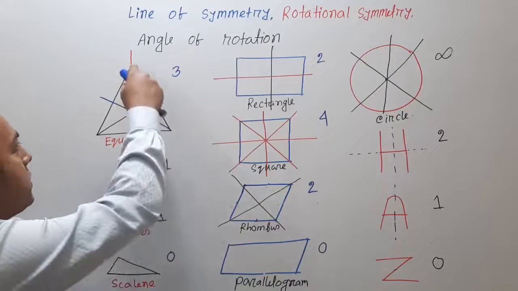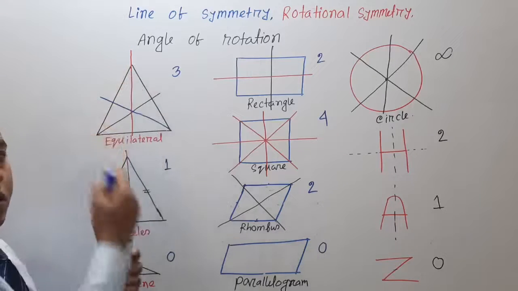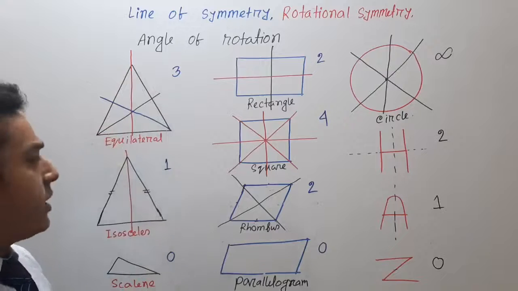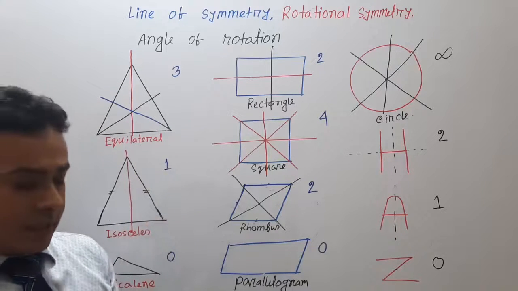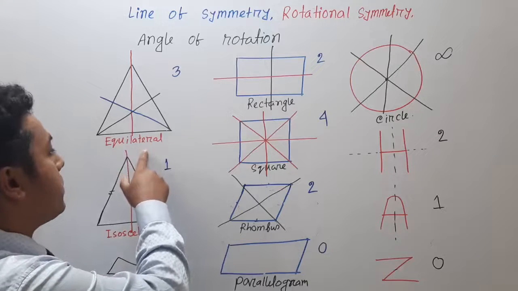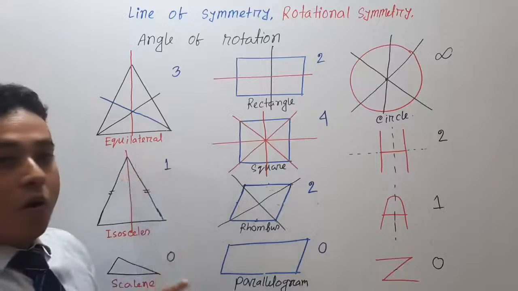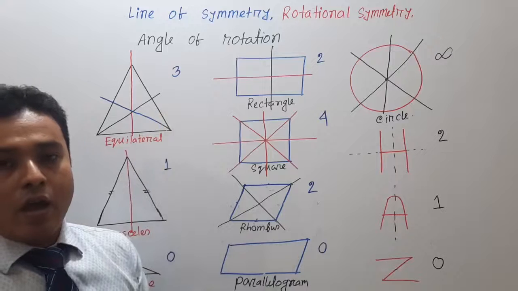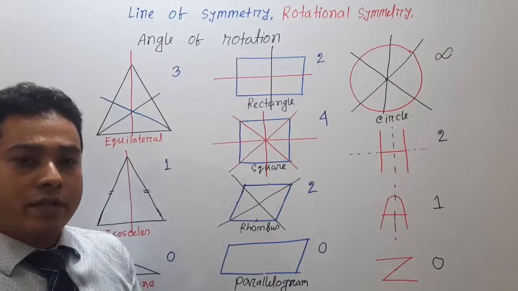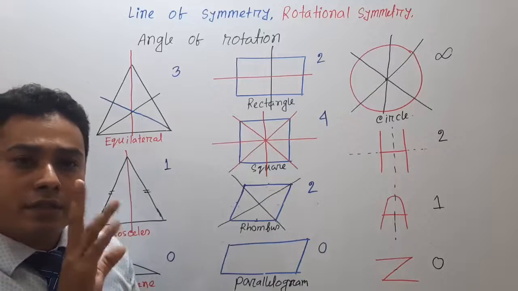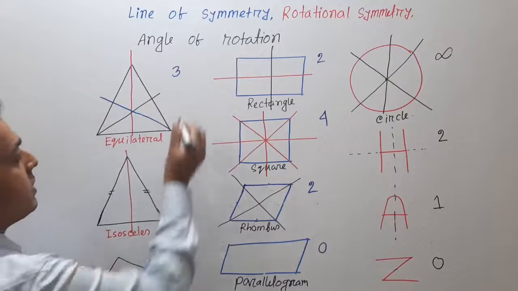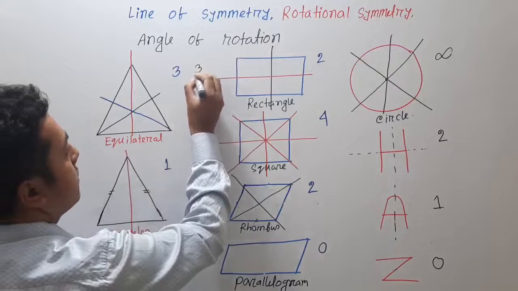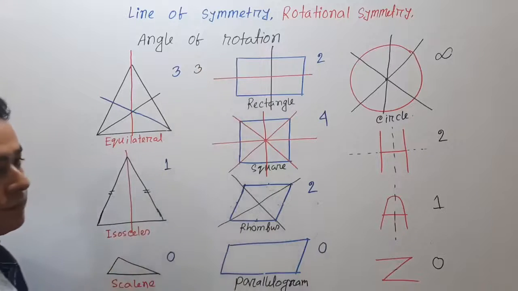And about this point and this point also, if you rotate the equilateral triangle, the original shape is not changed, and that's why it has rotational symmetry. The order of rotation is how many times we can rotate so that the shape does not change: 3 times. So it has rotational symmetry of order 3.